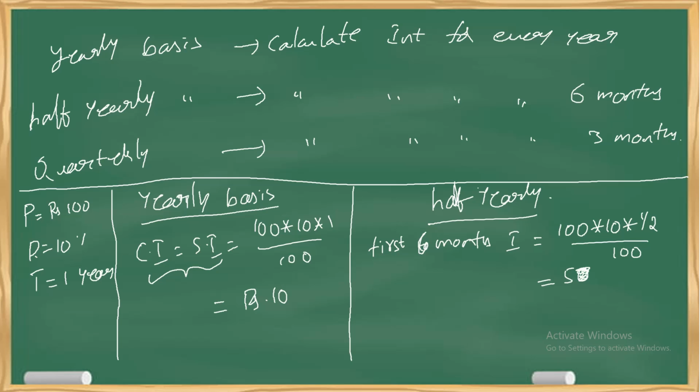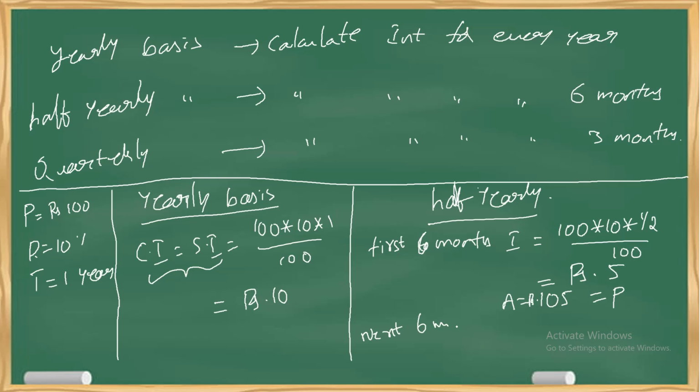I'm sorry. So you will get only 5 rupees. Now what happens to the amount to be paid after 6 months? It is 105 rupees, which should be considered as the principal amount for the next 6 months.